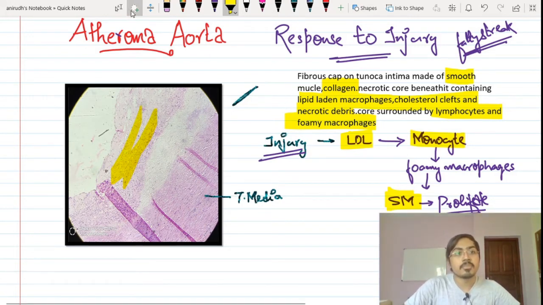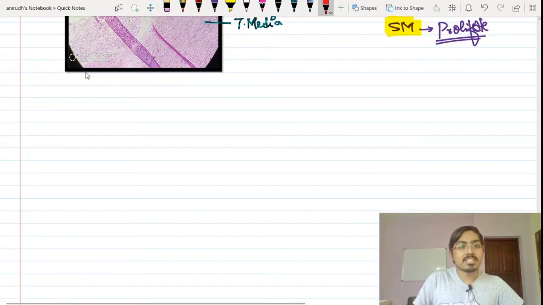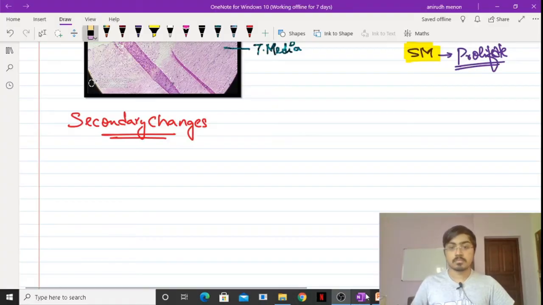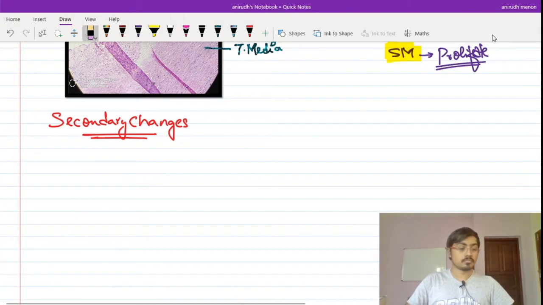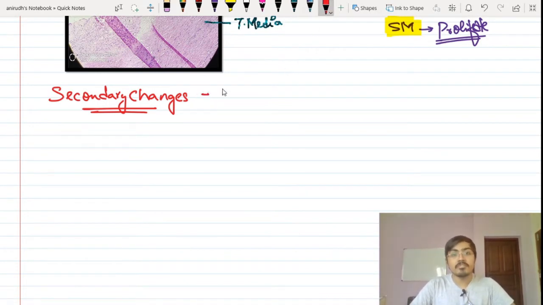Another very important point is a question they can ask. This was also a gross specimen, so they can ask you the secondary changes. It is a very probable question. We talk about acute plaque change. These are changes inside the atheromatous plaque, an acute phenomenon, a secondary change.